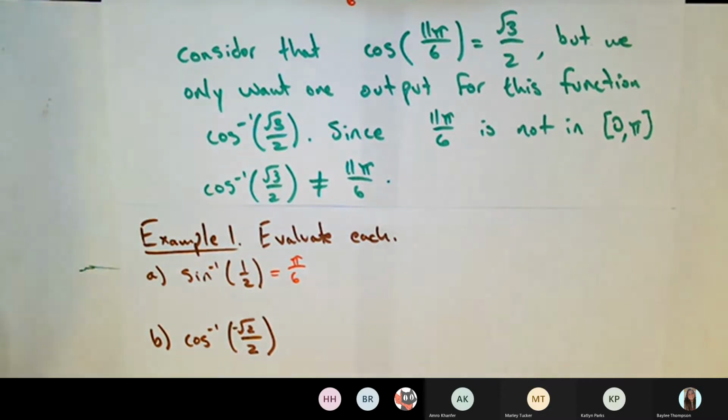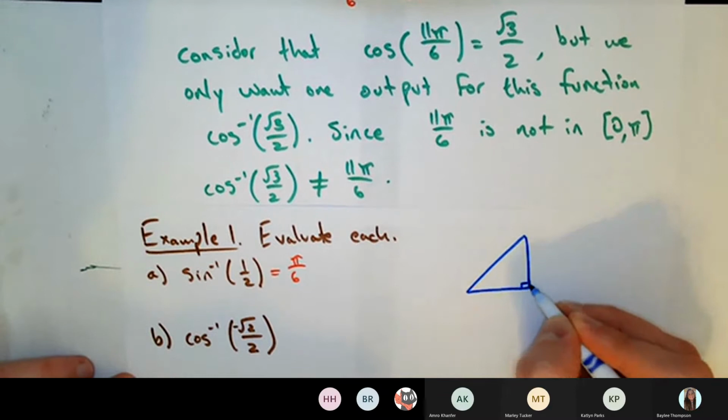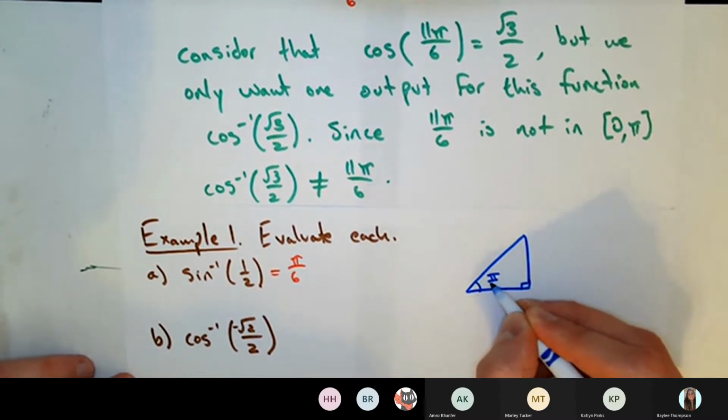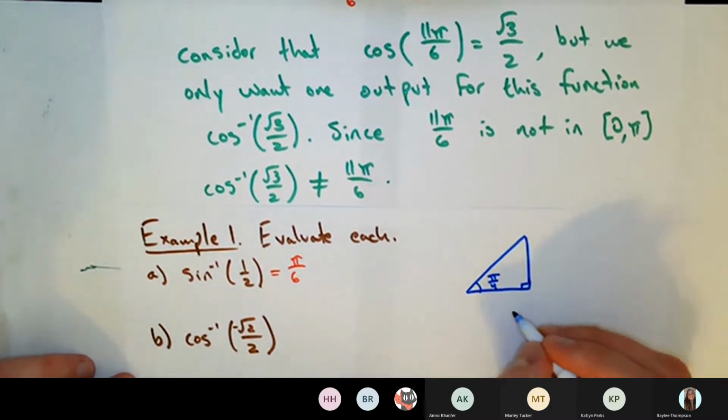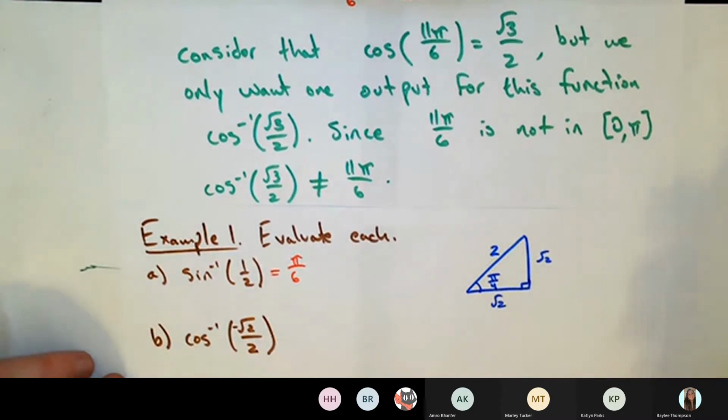What about cosine inverse of negative square root of 2 over 2? We should recognize this as an output from a reference triangle that has pi on 4 as its interior angles. They're both pi on 4, right? And the sides are square root of 2, square root of 2, and 2.